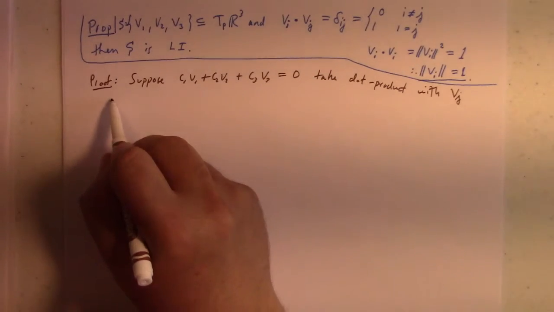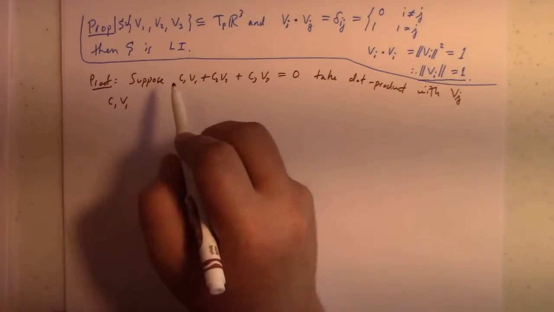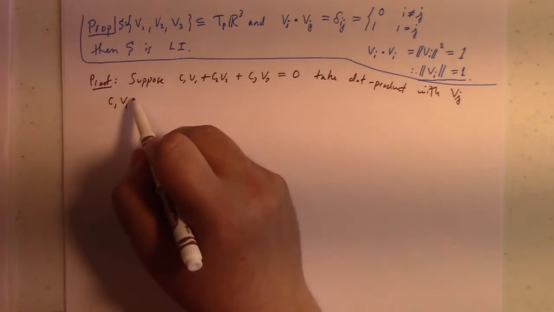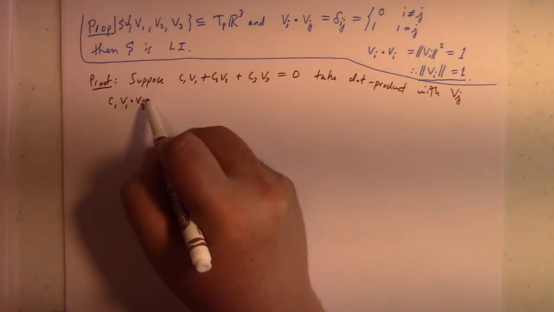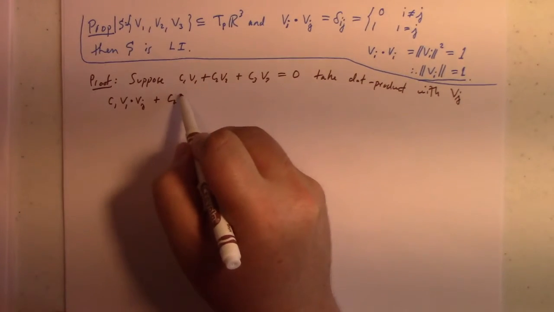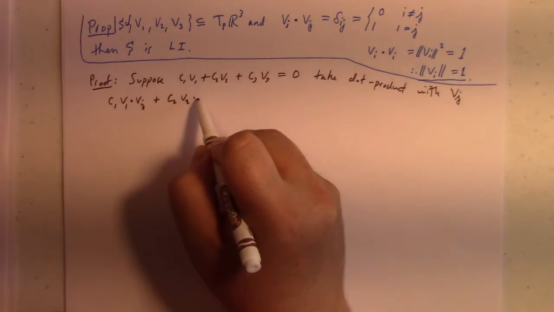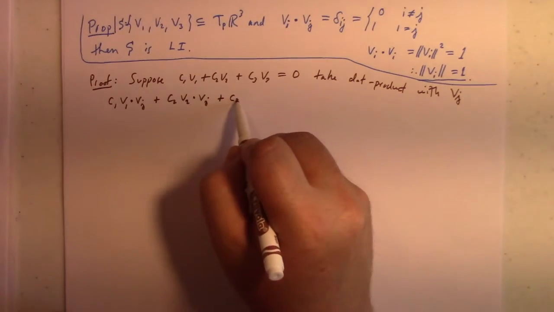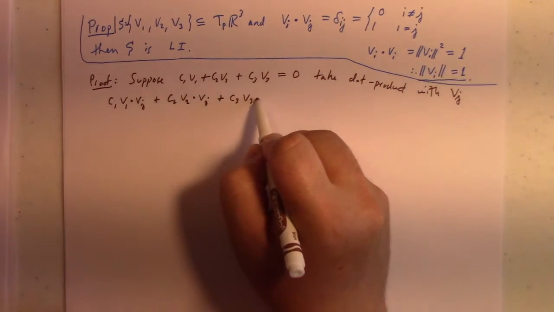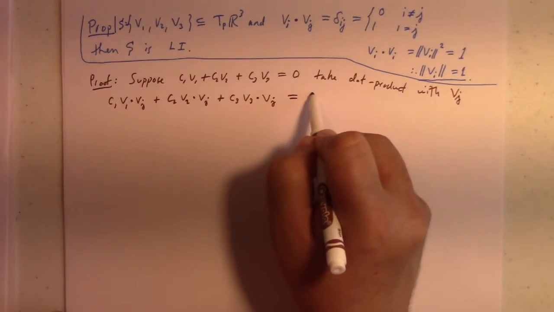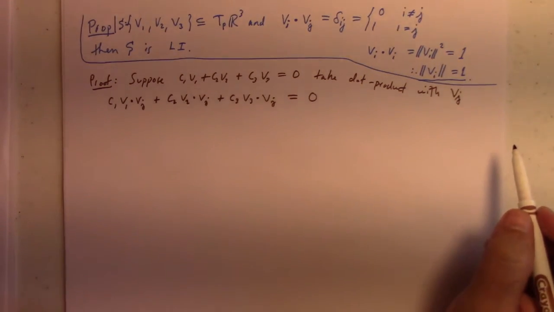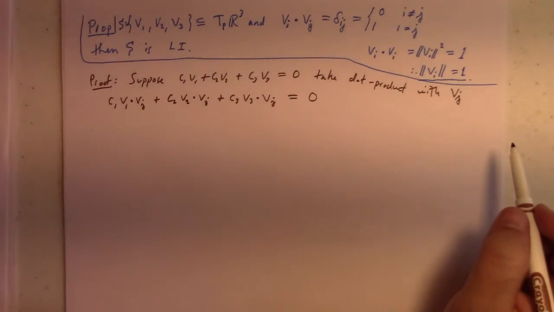So I've got C1 V1 dot Vj, and I'm going to use an algebraic property of the dot product. I have not even written them down. I hope you can forgive me for that. But I do assume that you still know algebraic properties of dot products from your previous experience in mathematics. Let's see here, plus C3 V3 dot Vj equal to 0. I guess I could make my notes even more boring and include all the properties of dot products. I just haven't gotten to it yet.